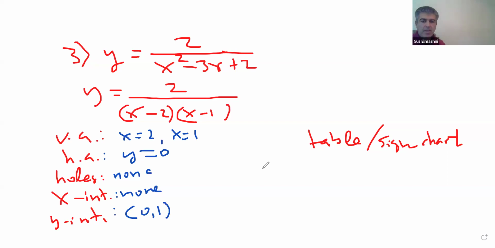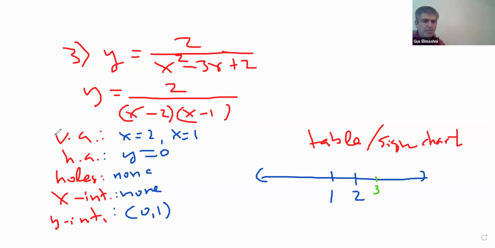Okay. Then I'll do a sign chart. You can make a table if you want, but a sign chart's kind of nice because I test values.